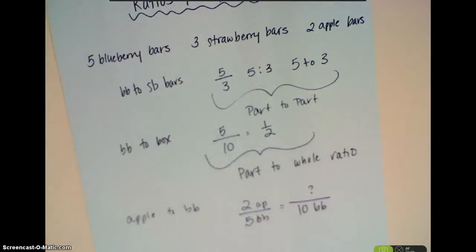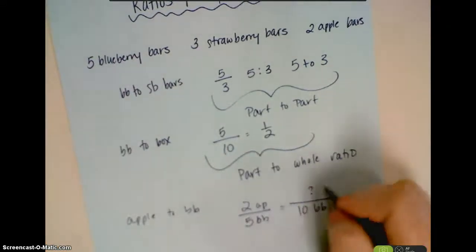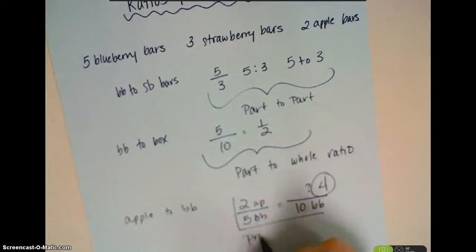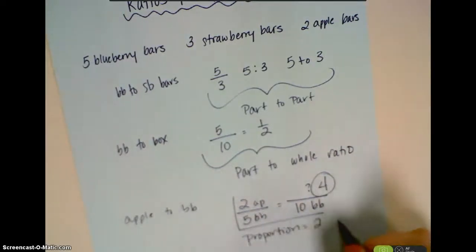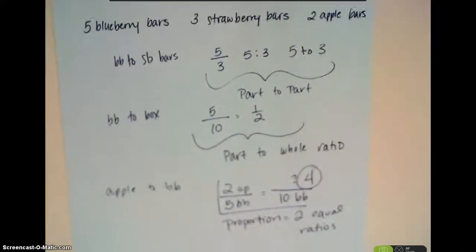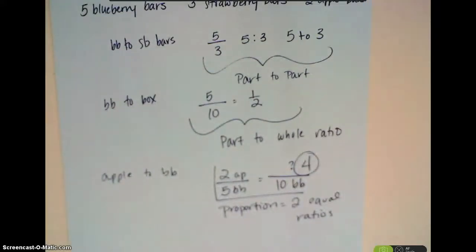Well, yes, I can, because 5 times 2 is 10, and 2 times 2 would be 4. So I can predict. This right here is your proportion, because the proportion is 2 equal ratios, 2 equivalent ratios. So those ratios are equal. A 4 to 10 is the same as a 2 to 5 with your apples and blueberries. Okay, so that's what's nice about our ratios.